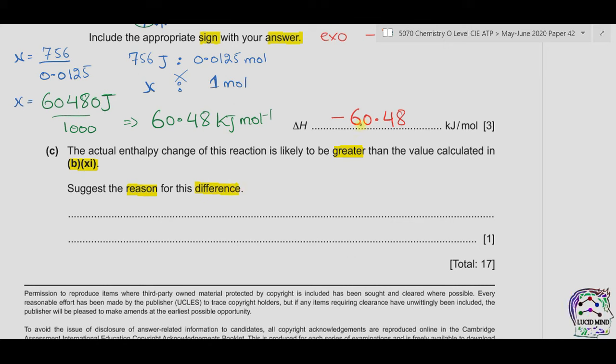Due to heat loss, the value obtained is lower than the expected value. So we can write: heat is lost to the surroundings.